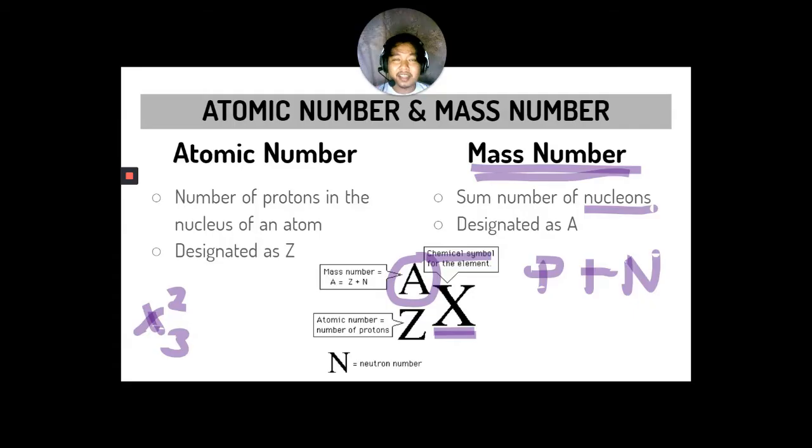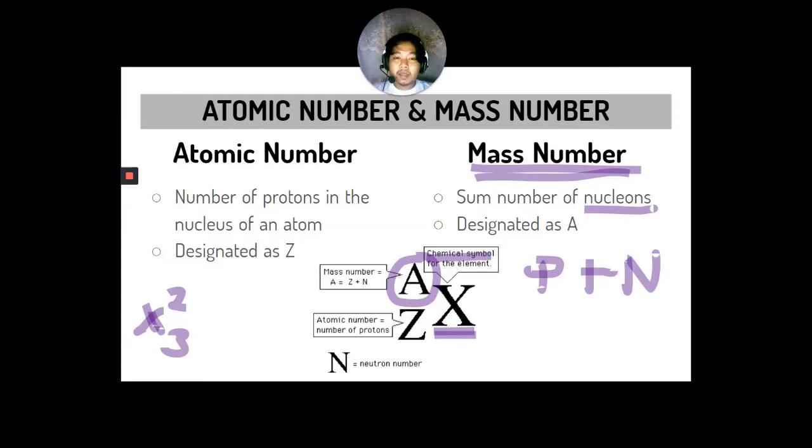As I've mentioned during our discussion on the atom, the mass of the nucleus itself, wherein the proton and neutron are located, is mostly responsible for the mass of the entire atom, because the electron's mass is negligible. It's insignificant.